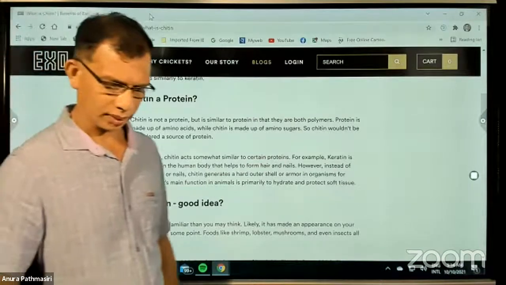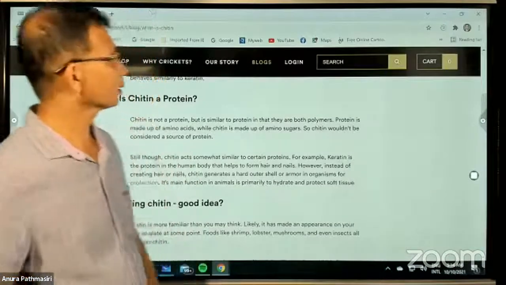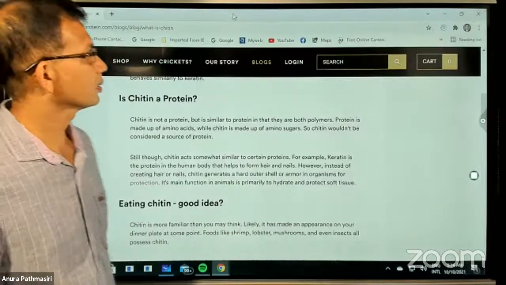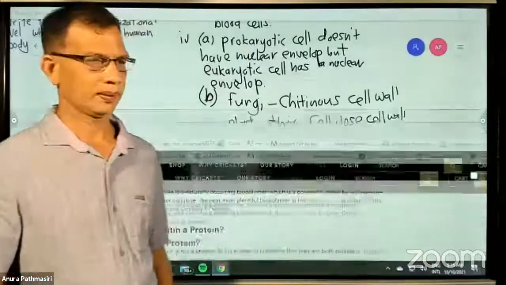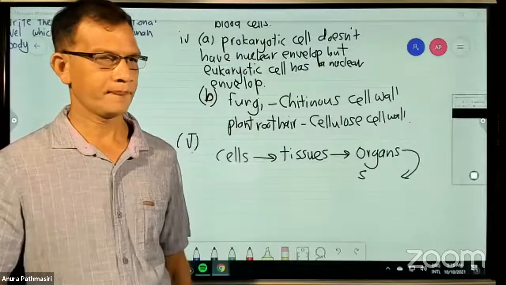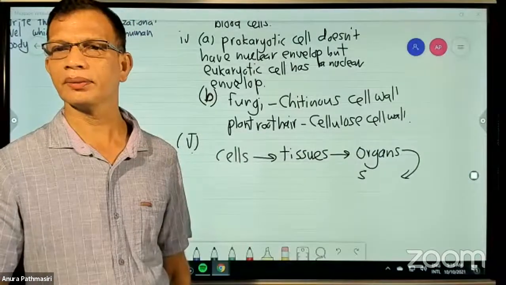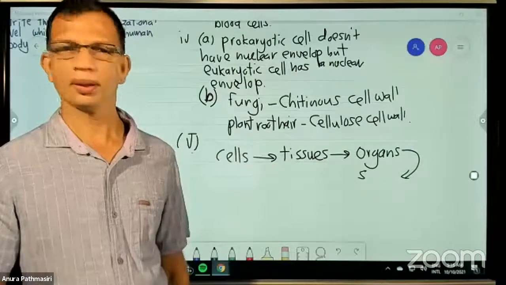But I have seen that the textbook says it's chitinous protein. Somewhere, I can't remember exactly where. Okay. Are you happy about that answer? Yes, sir. Thank you. Better you ask, and then we will be going in the correct path.